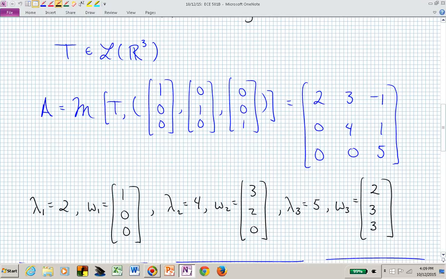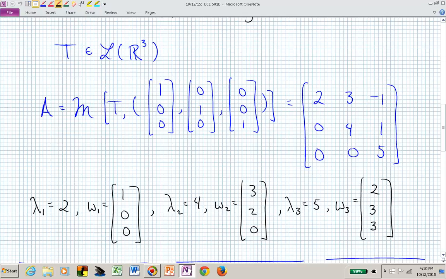AW2 is lambda 2 W2. Now put all of that information on one side of the equality sign, and you have A minus lambda 2I quantity times W2 equaling 0. W2 is in the null space of A minus lambda sub 2I, all just coming from AW2 equals lambda 2 W2.